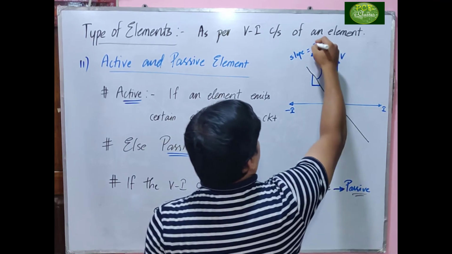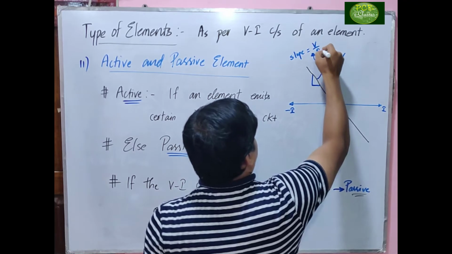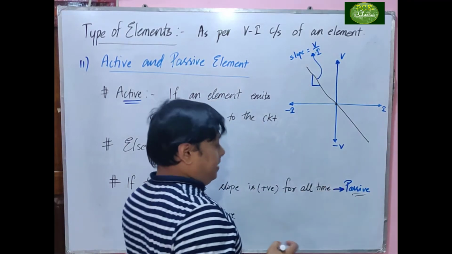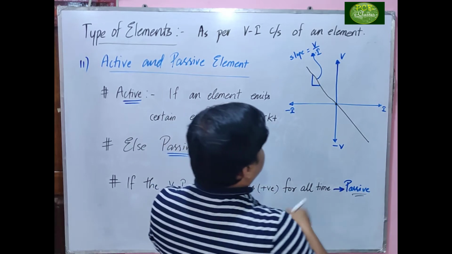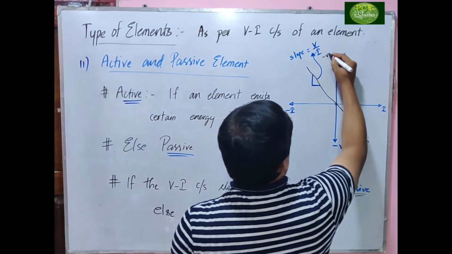It is V by minus I, so its slope is negative.